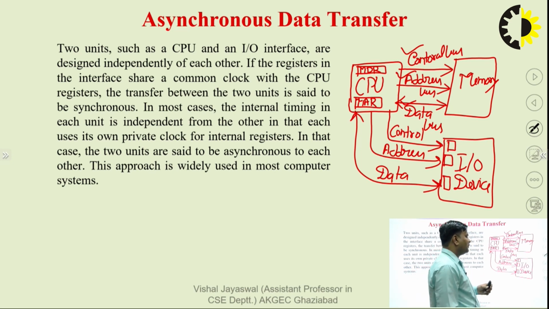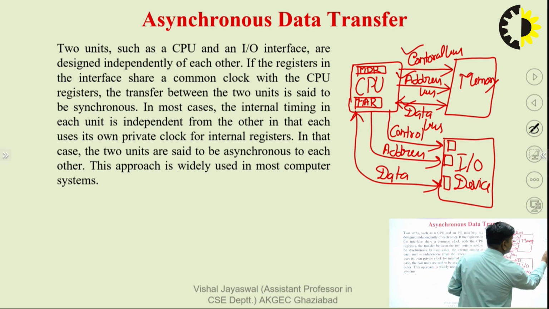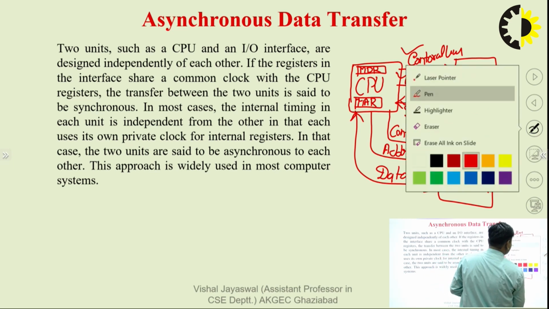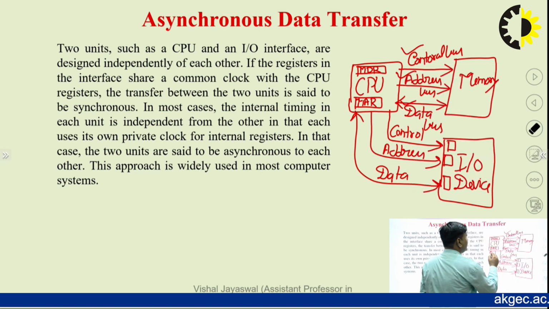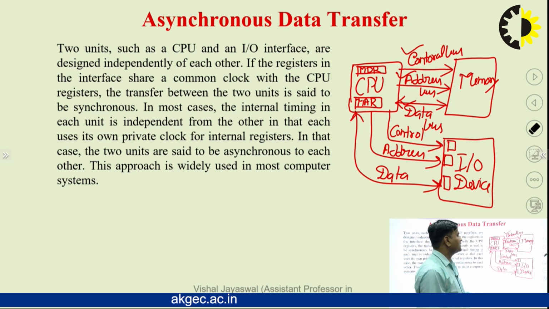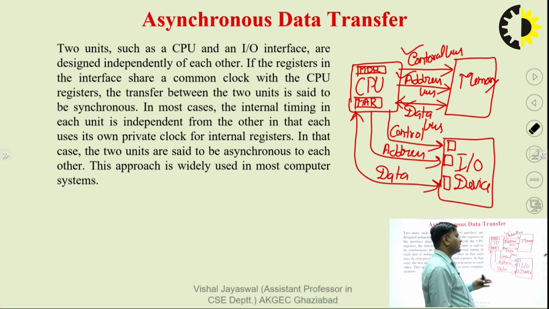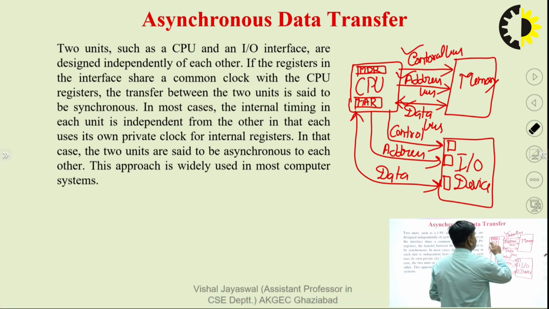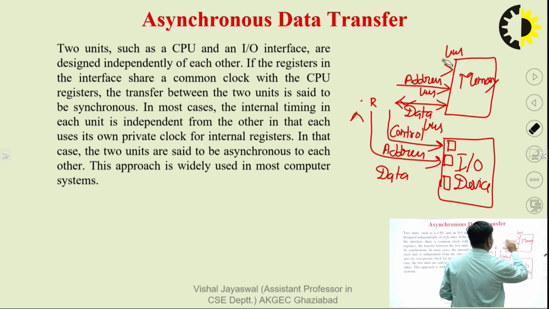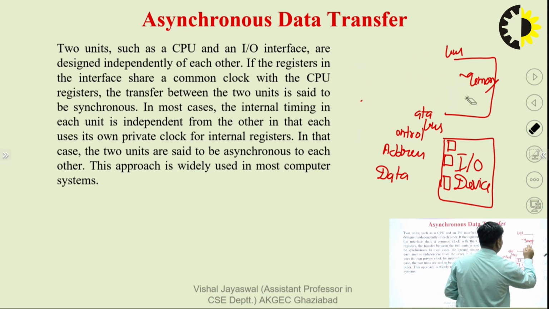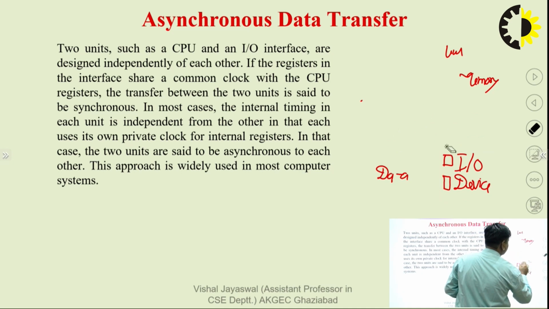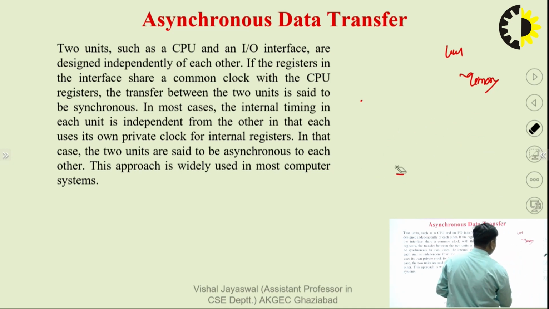So in I/O devices we use registers, in CPU we use registers, and these three lines are used to communicate between CPU and I/O devices and CPU and memory. This is the communication between CPU, memory and I/O devices. From this diagram we can see the different types of communication between CPU, memory and I/O.